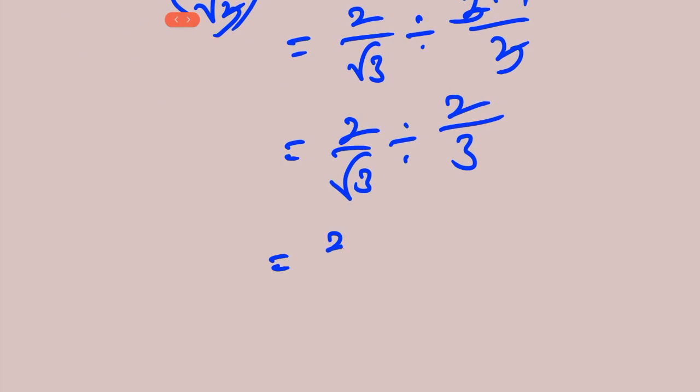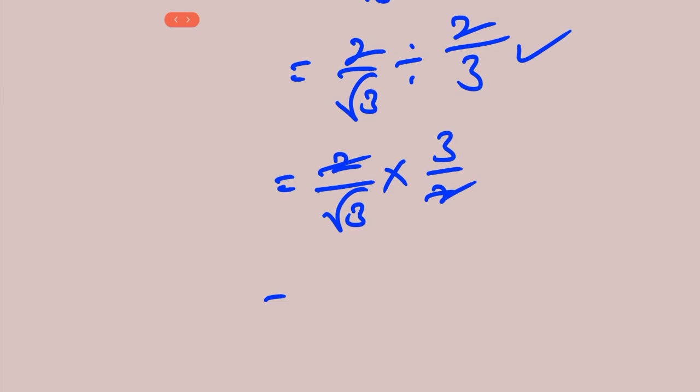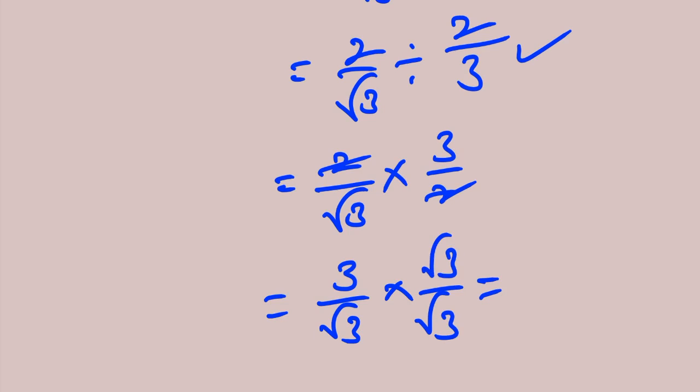Now 2 by root 3 into 3 by 2, reciprocal we have to take. Now after cancellation we'll get 3 by root 3. Generally if an irrational number is in the denominator, we can take root 3 by root 3, because the rationalizing factor we are taking, rationalizing the denominator.